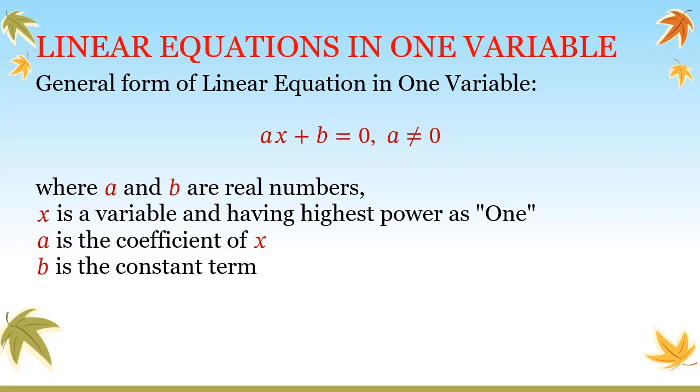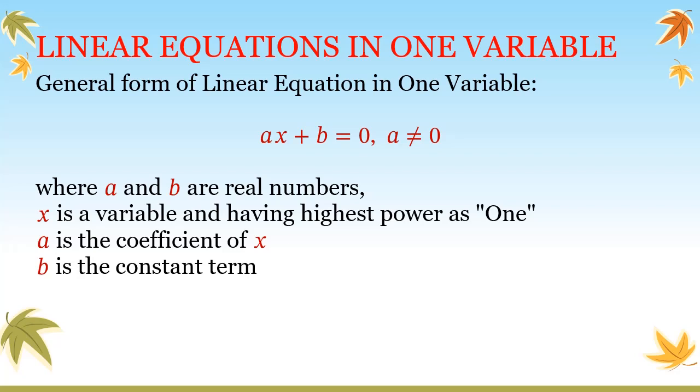Now, in this slide, we'll discuss linear equations in one variable. The general form of a linear equation in one variable is ax plus b equals 0, where a is not equal to 0. When we equate a linear polynomial ax plus b with 0, we get a linear equation in one variable, right?